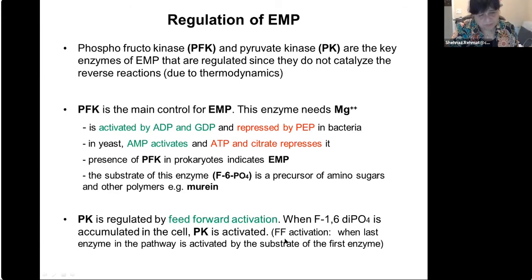Now, feed-forward activation is that the last enzyme in the pathway is activated by the substrate of the first enzyme. So the substrate of the first enzyme is your fructose 6-phosphate. So here, this enzyme will be activated to know that I am going to get my substrate because that enzyme is working or the substrate is there. So it will be activated by that.